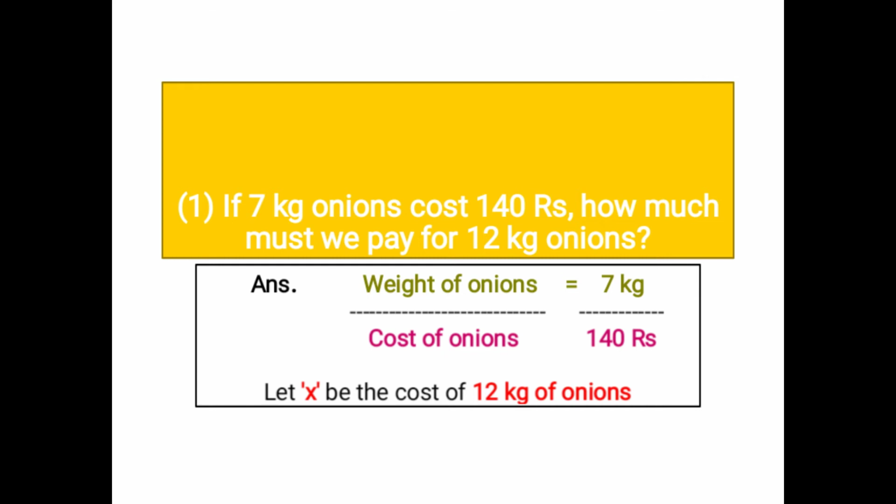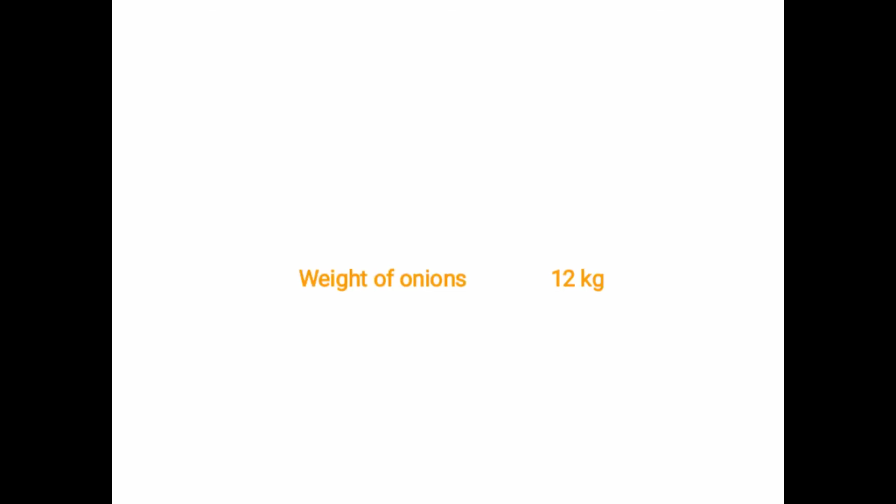When you are finding the cost of 12 kg of onions, you have taken the value as x, and this you have to write in the second ratio now. Weight of onions is 12 kg upon cost of onions is x rupees.